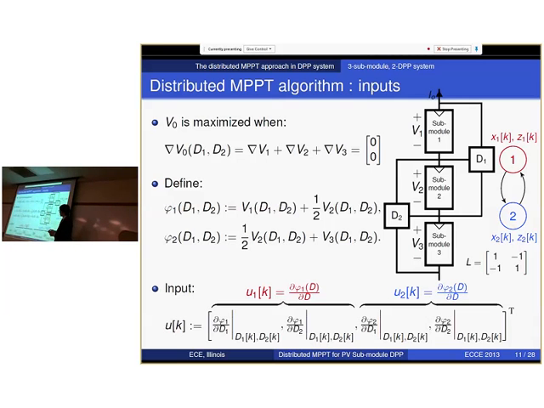So this complies with the control objective to maximize the string voltage. And you can notice here, phi1 is only directly measurable by converter 1, and phi2 is only directly measurable by converter 2, which corresponds to this separation here. So each DPP converter can separately measure its own input.